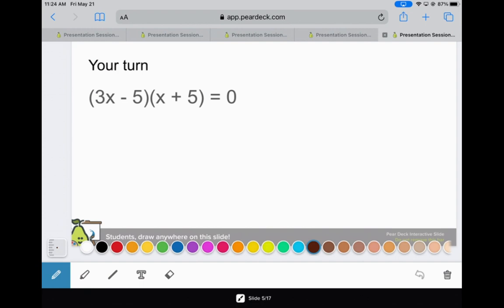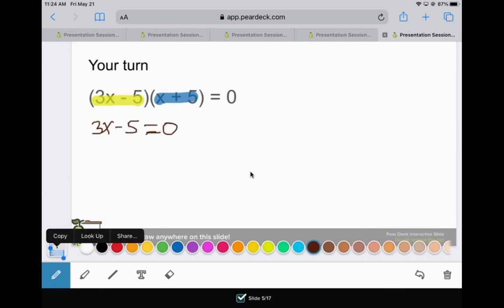Okay. So this one, what I would do, you see how I have two expressions? 3x minus 5, and the other one is x plus 5. I have two expressions. I will set each of them equal to 0. So I would do 3x minus 5 equals 0.